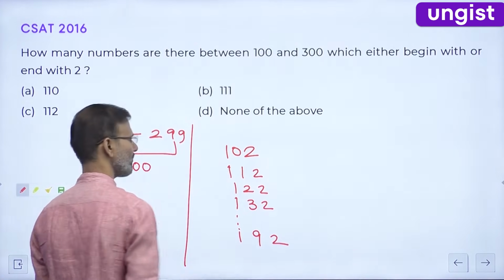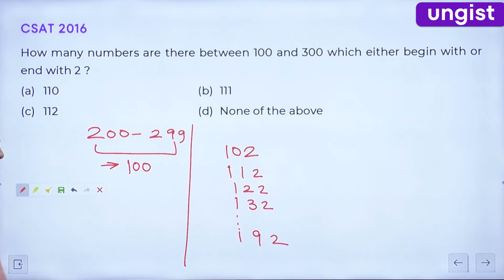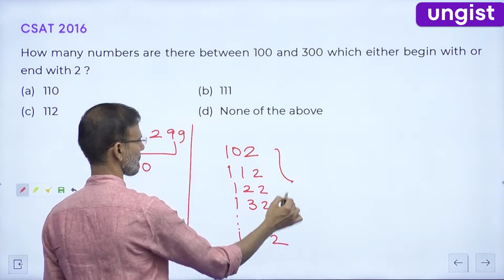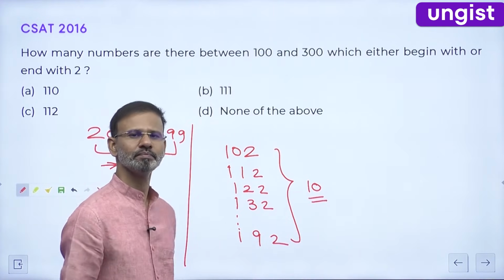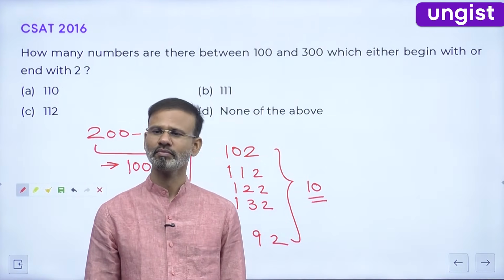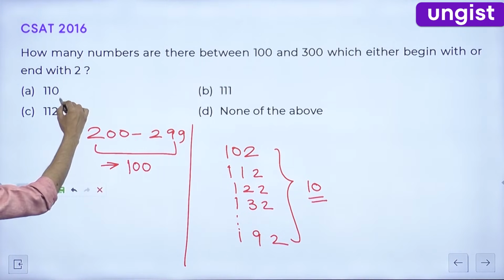Sorry, 192. How many of these numbers are there? 10. Anything else, guys? Done? Right? What is the answer?